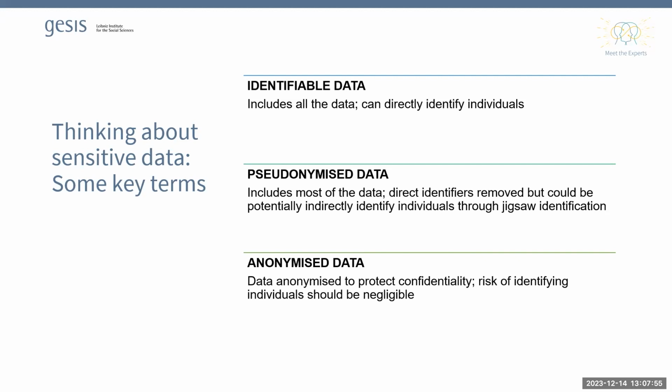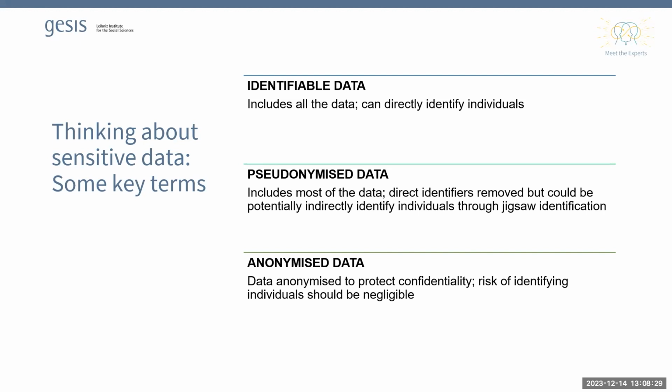So this is data that might include names or emails that have name details in, or social security numbers, these kinds of things, which will directly identify an individual. These are the kinds of data that if we've done our job properly, will never be made available through a data archive. We might think about this as the raw data or the source data.